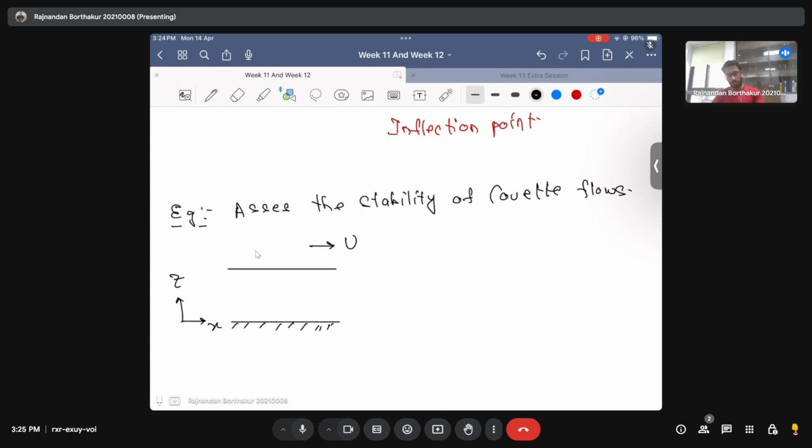Let me name this velocity as up, which is the velocity of the plate. And then the flow field looks something like this.